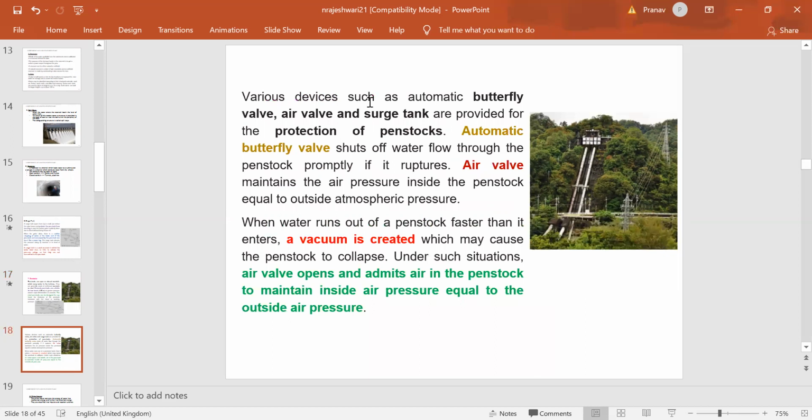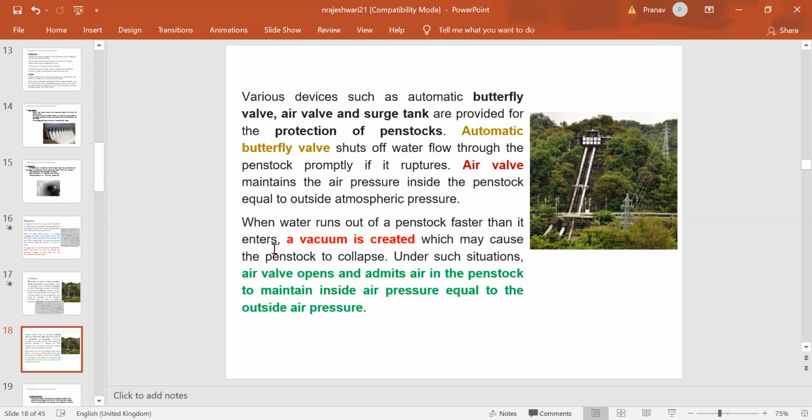Various devices such as the automatic butterfly valve, air valve, and surge tanks are provided for the protection of penstocks. An automatic butterfly valve shuts off water flow through the penstock promptly if it ruptures. An air valve maintains the air pressure inside the penstock equal to the outside atmospheric pressure.